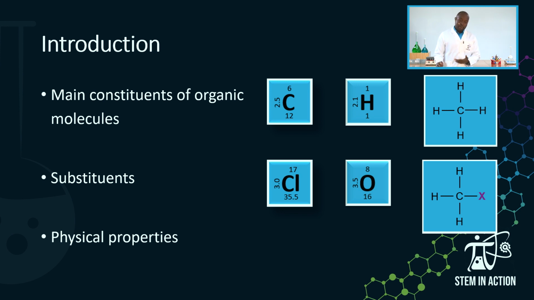Because of that, compounds that consist only of carbon and hydrogen tend to have weaker intermolecular forces, which results in a low boiling point, low melting point, which also means that you get high vapor pressure, and you also get high flammability. Also, such compounds tend to have low solubility in water because of their lack of polarity.